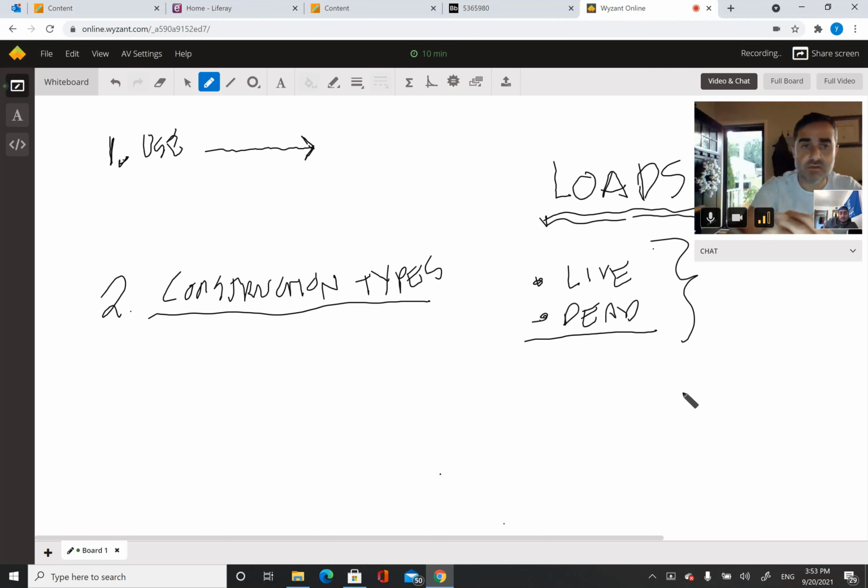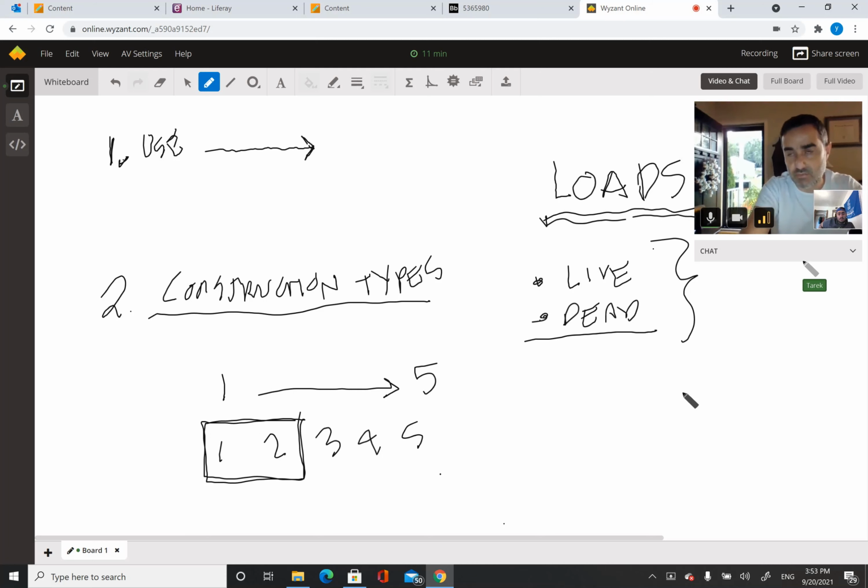The construction types range from 1 to 5. So you have 1, 2, 3, 4, and 5. 1 and 2 dictate that the structure is going to be either concrete or steel. 3 is usually timber, heavy timber construction.